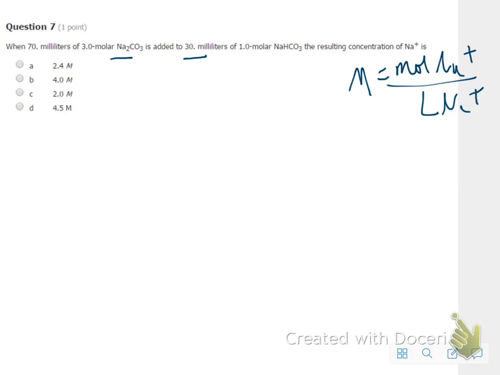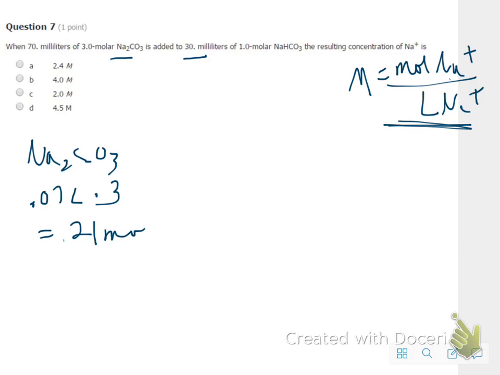So I first have to find the total moles of sodium ions I have, and then divide it by the total combined volume, because those sodium ions are in water that's combined. Alright, so for sodium carbonate, I have 70 milliliters, which is 0.07 liters, times 3 molar, so that's going to be 0.21 moles.